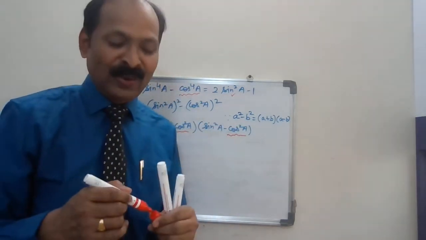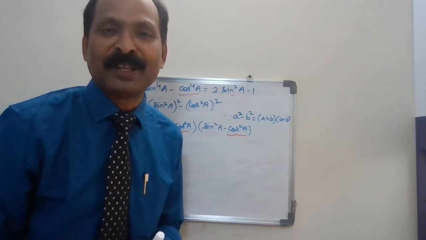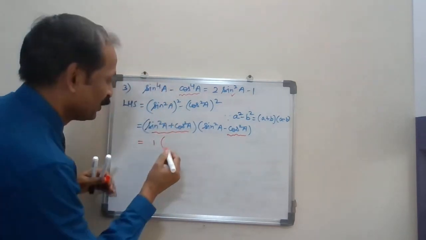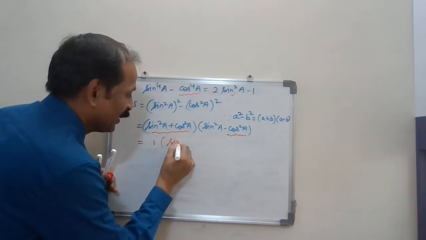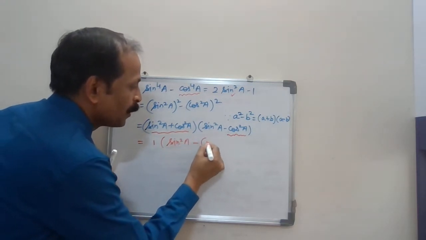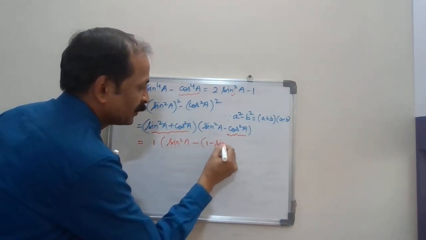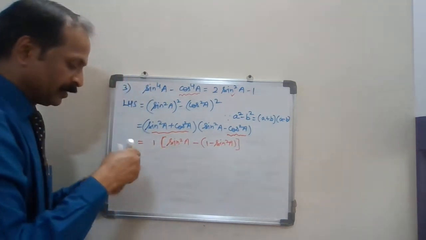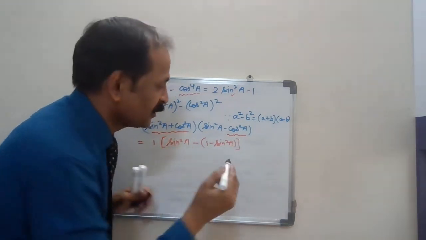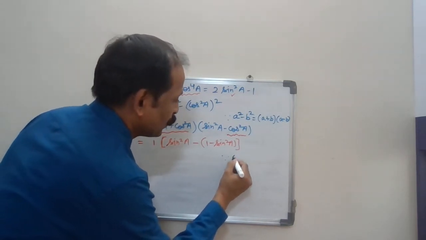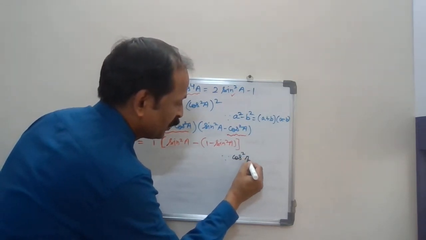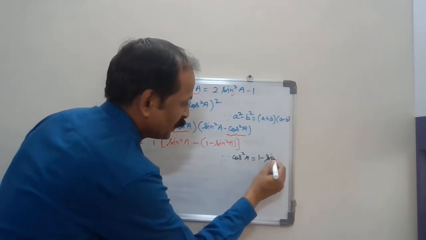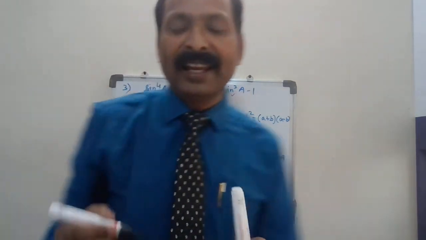Recently, I made one video on common errors. Please watch it if you have not watched. So sin square A minus 1 minus sin square. You can use square brackets. Please make a habit of writing reasons wherever you use them. So cos square A is 1 minus sin square. Why am I telling you here?